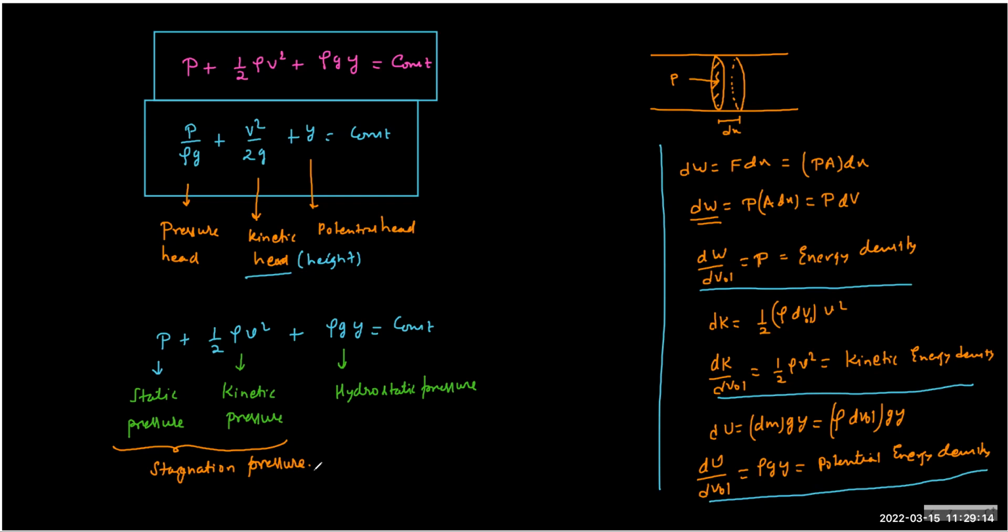Okay. So when there is an airplane, the lift force is created by the static pressure. And the velocity of the plane actually creates the difference of static pressure across the wing, or you can say on the two sides of the wing. And because of this difference, the lift is developed.